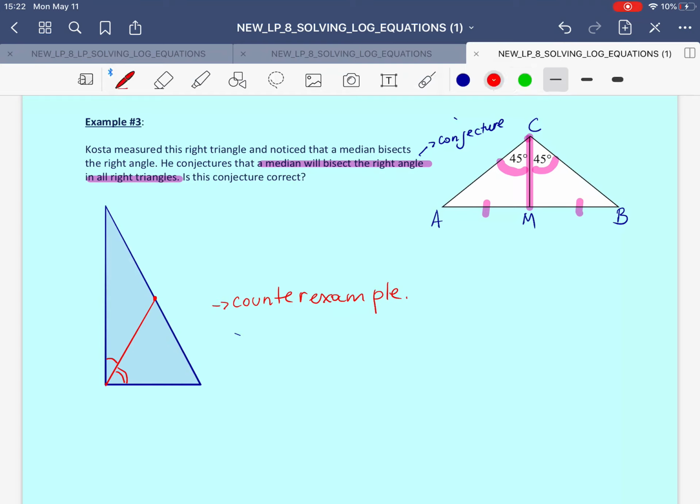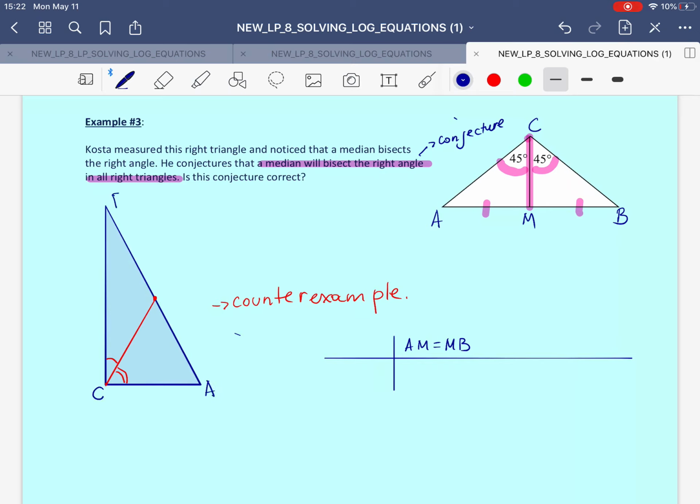Now for the proof enthusiasts, people that want to actually see the proof, not just a counterexample, then we're going to say, well, in this case, we are given that CM is the median. So we are given that AM equals MB. Okay, and we need to prove that. Why not use this triangle here? It's better to connect it with a diagram.